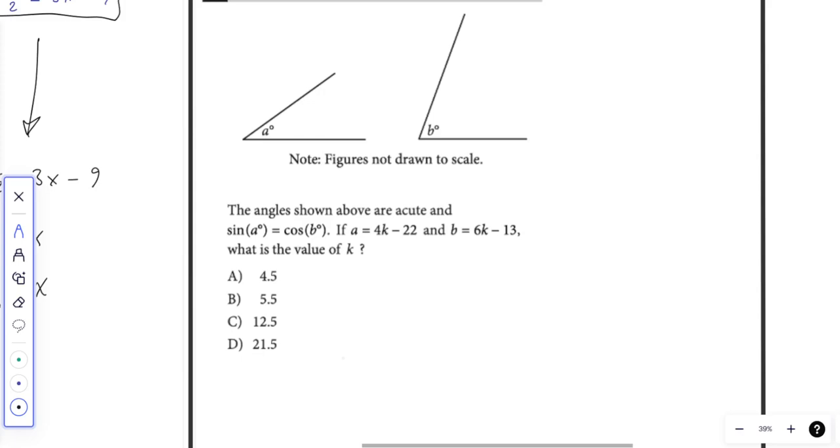This one says the angles above are acute and sine of A is equal to cosine of B. Yeah, I've seen this trick on the SAT before, so if you recognize what they're doing here, it becomes pretty solvable.